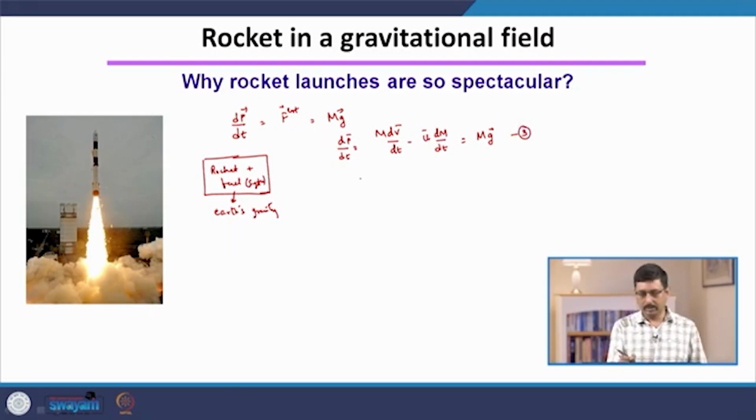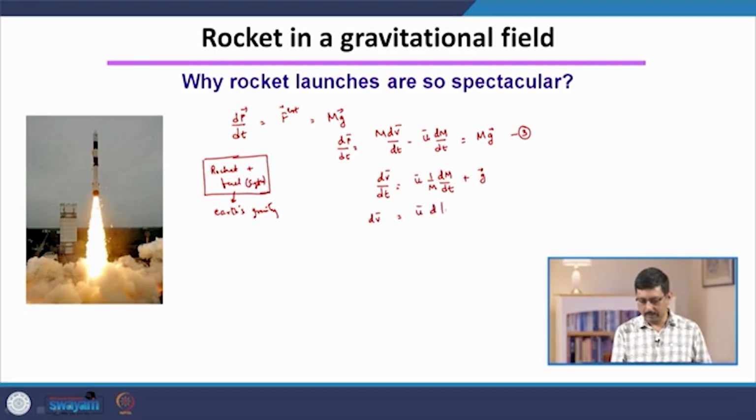Again divide both sides by the mass, then we get the acceleration of the rocket is given by u times 1 by m dm/dt as before, but now there is an extra term which is the acceleration due to gravity. Multiply both sides by dt, you get u, and dm by m is d of log m.